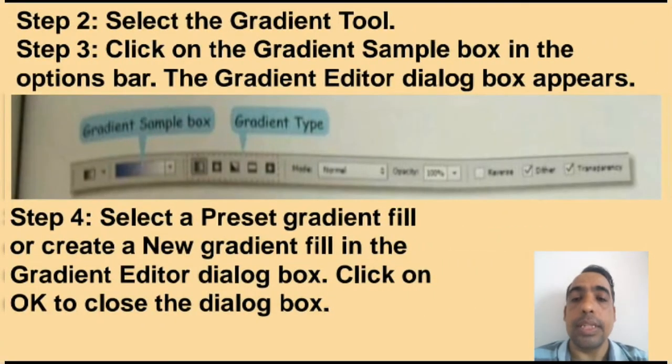Step 2. Select the gradient tool. Step 3. Click on the gradient sample box in the options bar. The gradient editor dialog box will appear. Step 4. Select a preset gradient fill or create a new gradient fill in the gradient editor dialog box. Click on OK to close the dialog box.